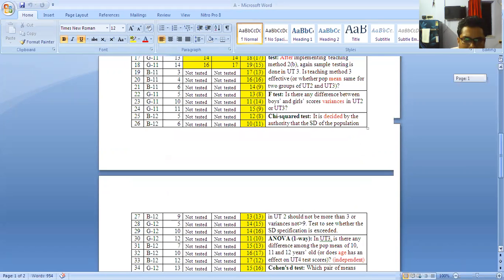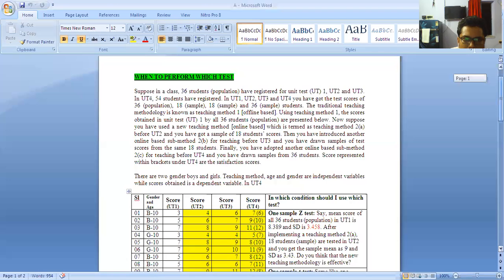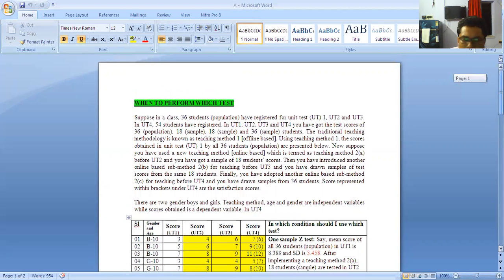I will share this particular Word file with all of you in the WhatsApp group. Suppose in a class, 36 students have registered for unit test 1, unit test 2 and unit test 3.